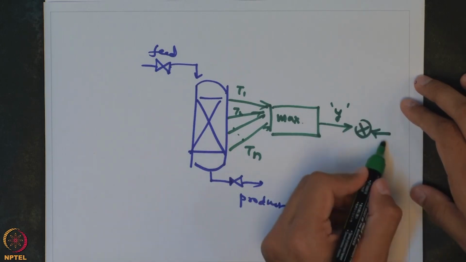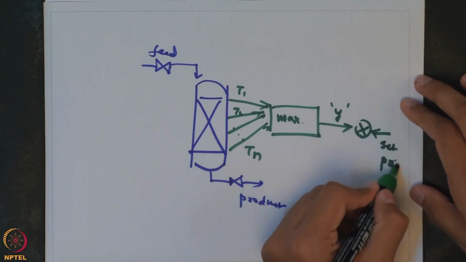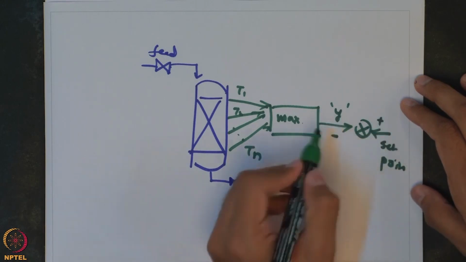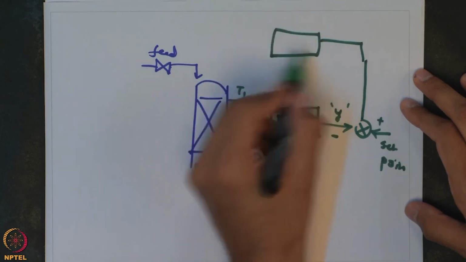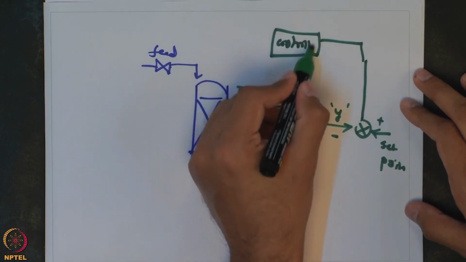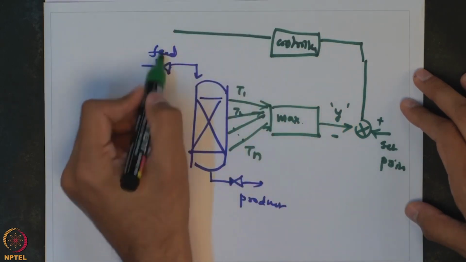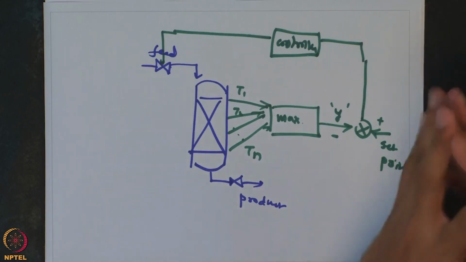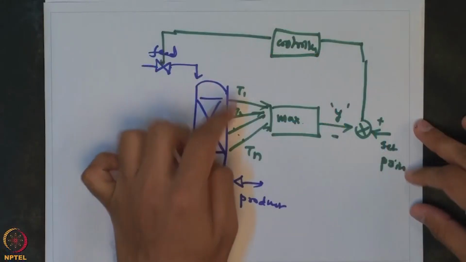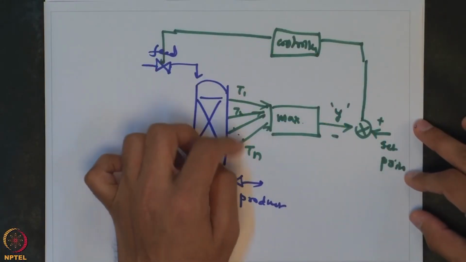So this will be the set point, and that would be used to control the feed valve. You can distinguish, this is an example of an auctioneering control. We are using multiple measurements, but for each of those measurements we do not have a control loop.